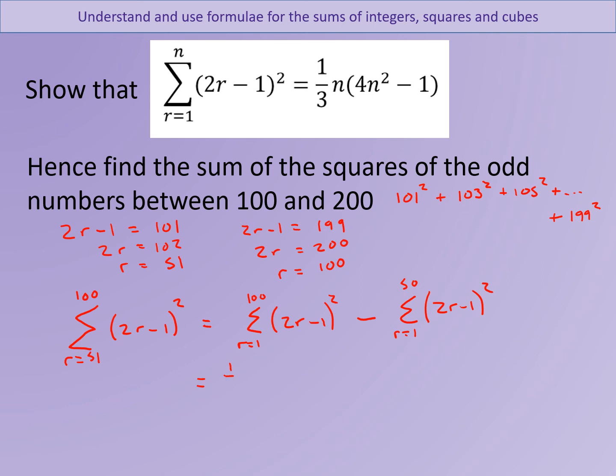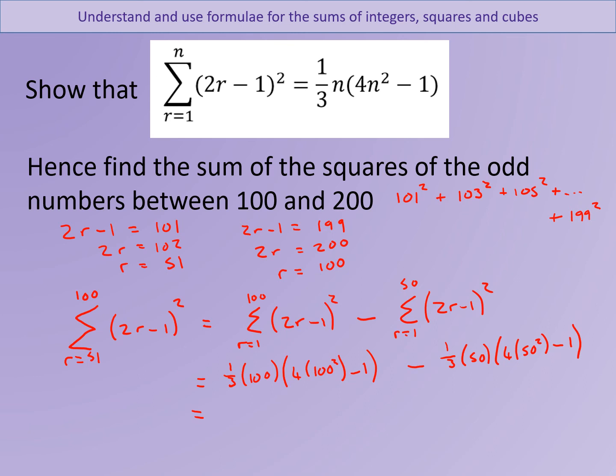So here this is going to be a third times 100 times 4 times 100 squared minus 1. Then minus, and then we're going to do the same thing but for 50. So this time we've got a third times 50, then 4 times 50 squared minus 1. So if we calculate both of those, that should give us the answer that we're looking for.